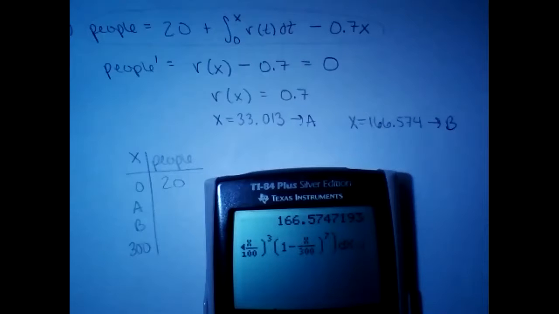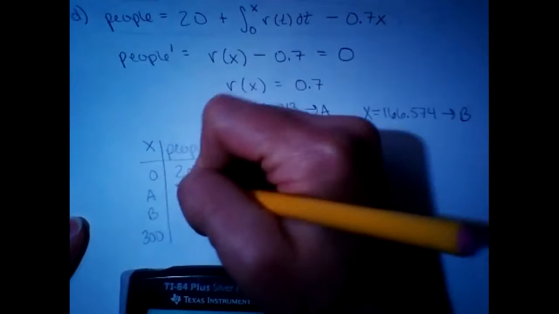All right, and then it's minus 0.7 times whatever you want to plug in, which in this case, I want to do alpha A. So that gives us 3.803 for that one.